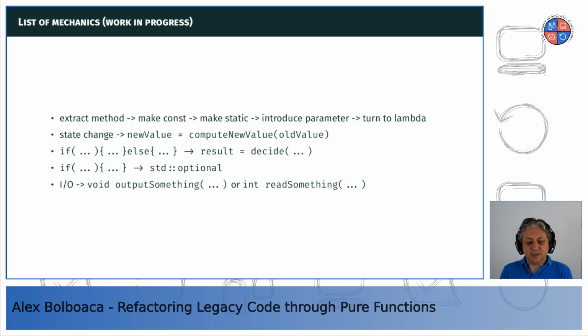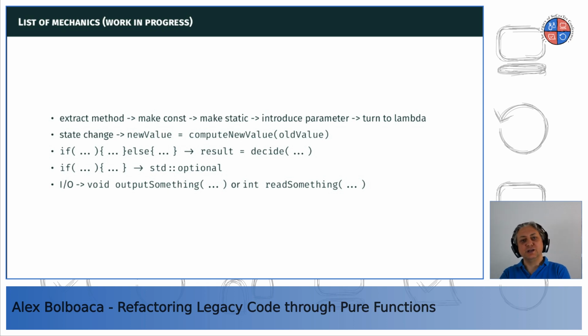And there are a few more that I found by practicing. For example, if you have an if-else thing, you may end up with the result decide. If you have just an if, that's when it becomes interesting, because you need to refactor this to an optional somehow if you want to get a pure function.